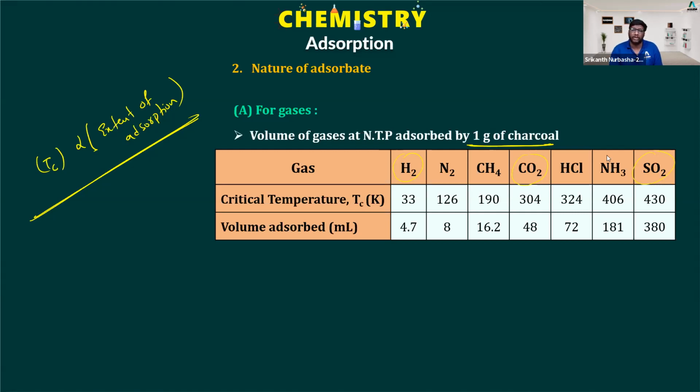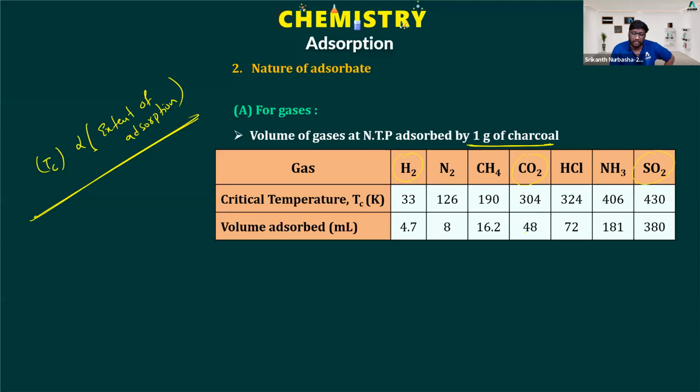SO2 will have more intermolecular force of attraction because it is polar in nature. CO2 is non-polar, H2 also non-polar. But in H2 we have 1s overlapping, because of that strongest bond, the instantaneous dipoles developed are also very poor. So H2 will have very less intermolecular force of attraction, thereby very high velocities are there, thereby less adsorption.